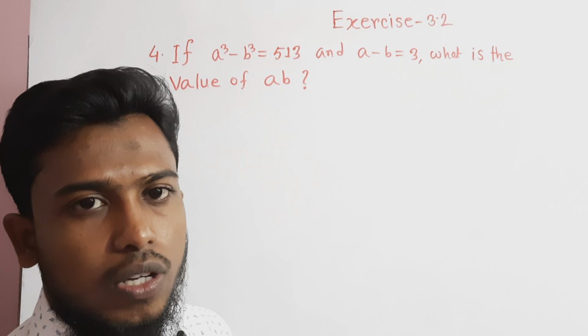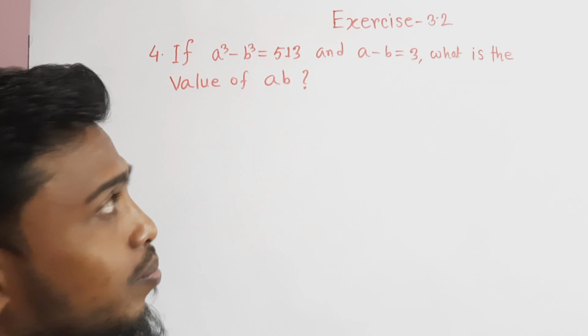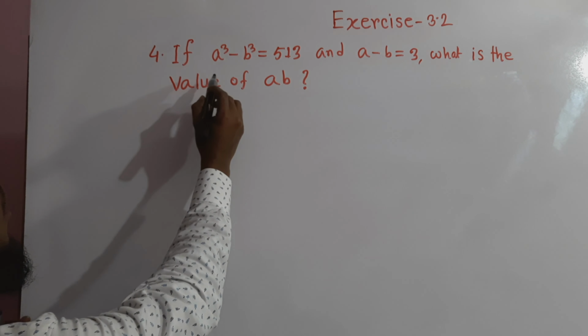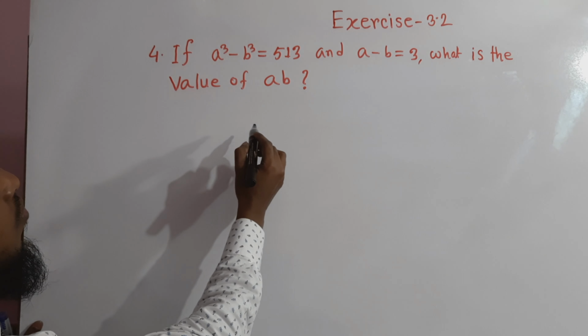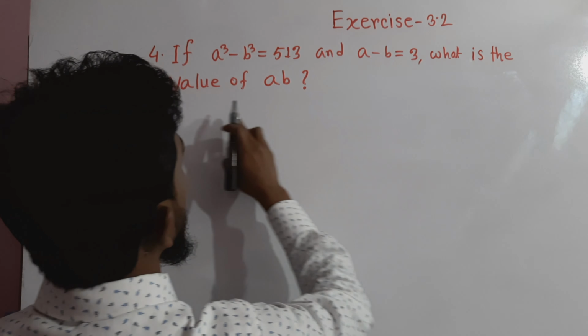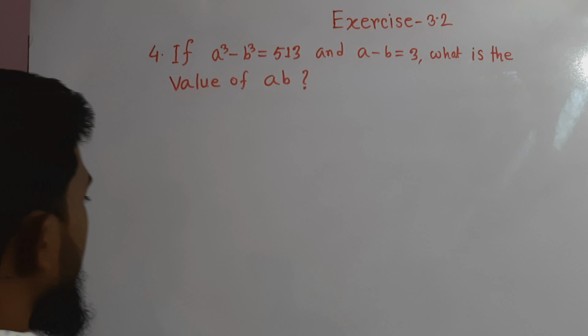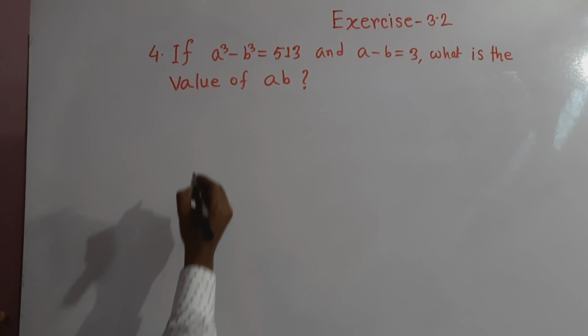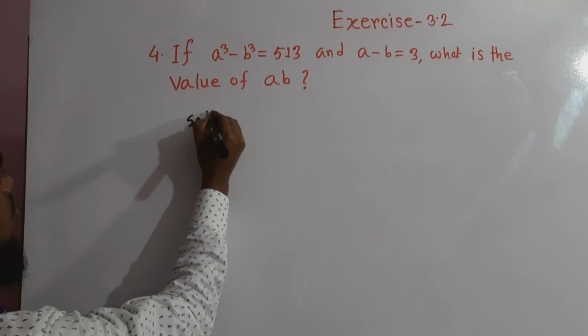My dear student, we are going to solve problem 4. If a cube minus b cube equals 513 and a minus b equals 3, what is the value of ab? Dear student, look, here is the solution of this question.